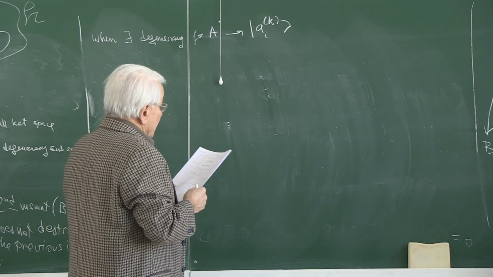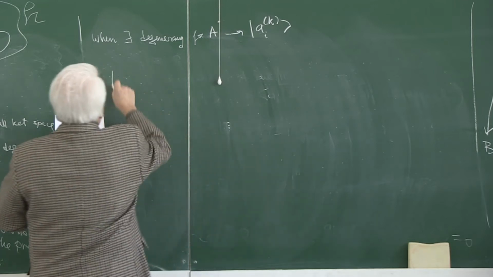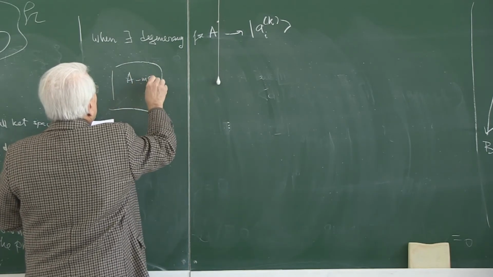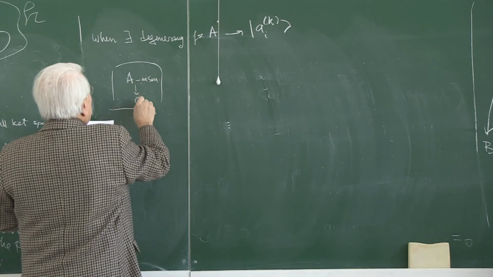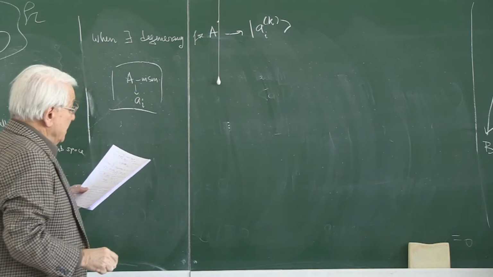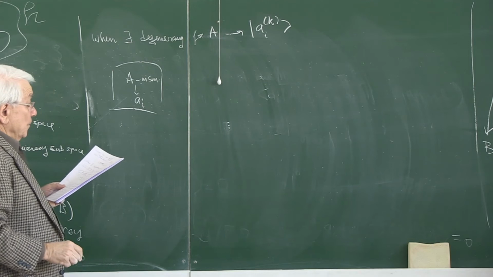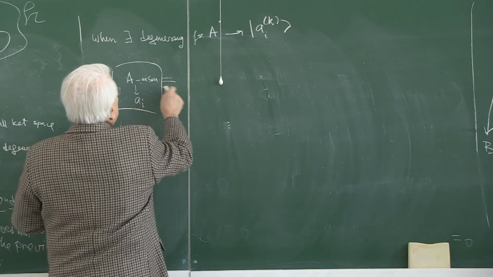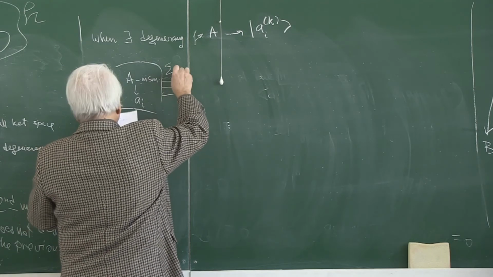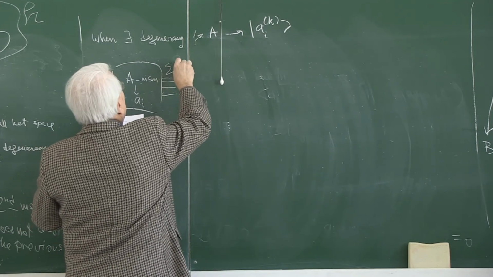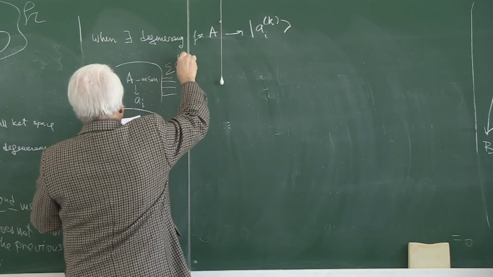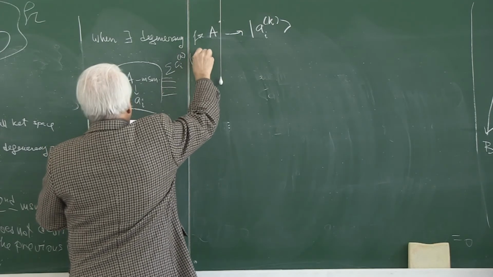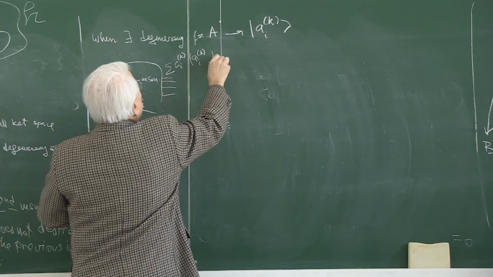So we carried out the measurements. A measured, found the value a_i. Then there are really many states coming out of it, which is |a_i,k; b_j>.